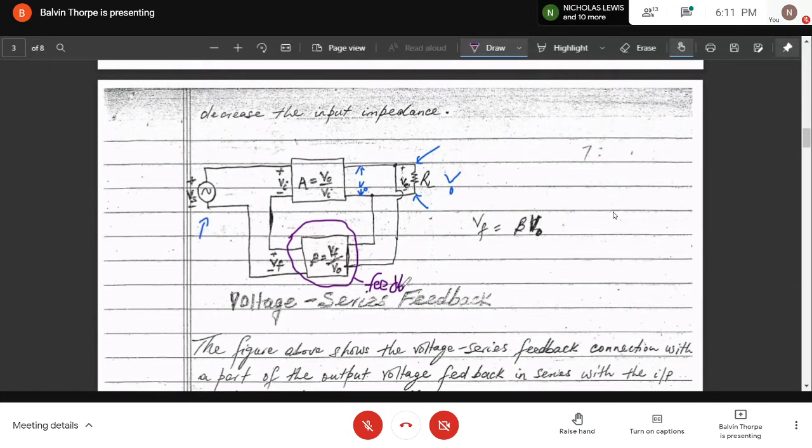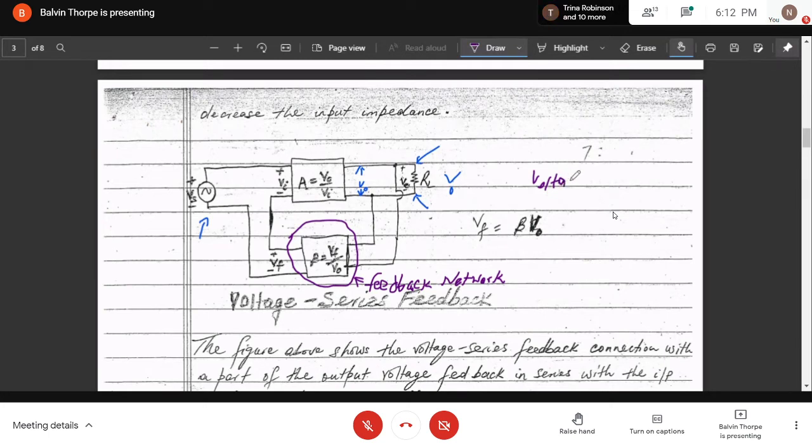I'll change the color to show you the feedback network. That's my feedback network right there.